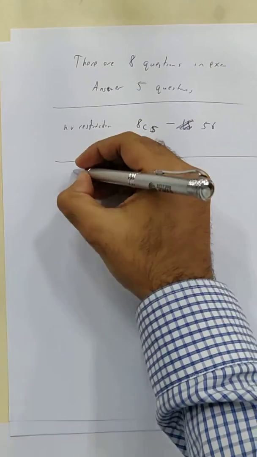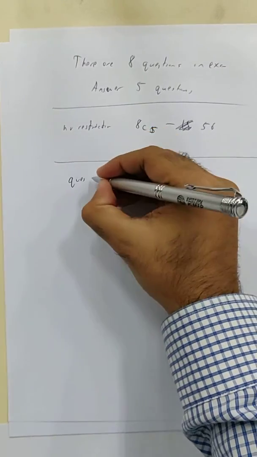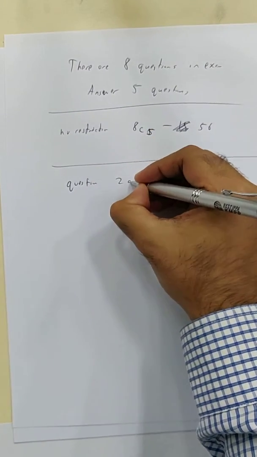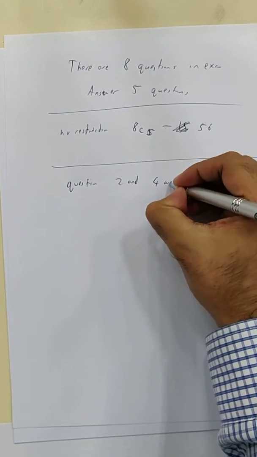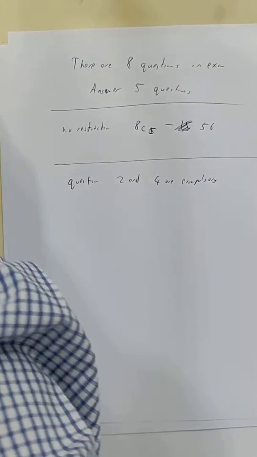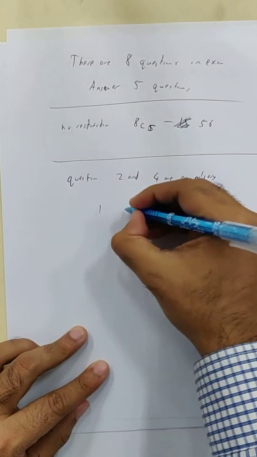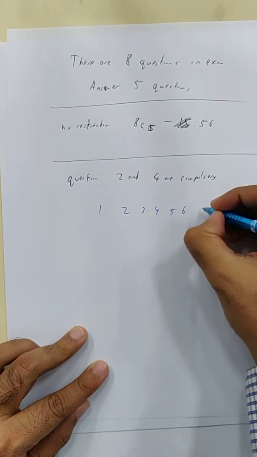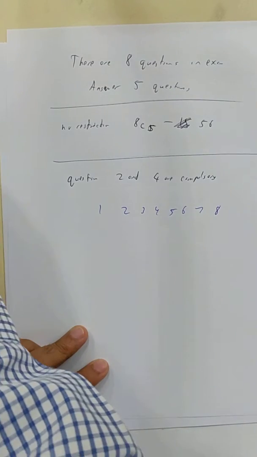Okay, this one is tough. Questions 2 and 4 are compulsory. What does it mean? Let's say you have 1, 2, 3, 4, 5, 6, 7, 8.